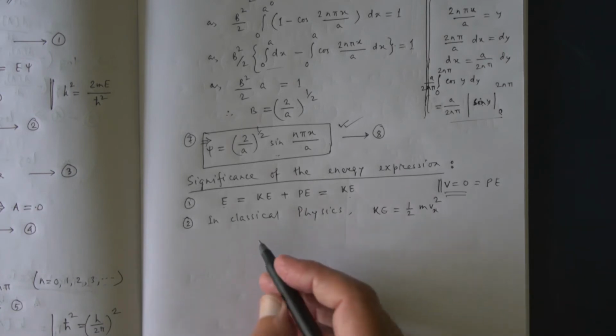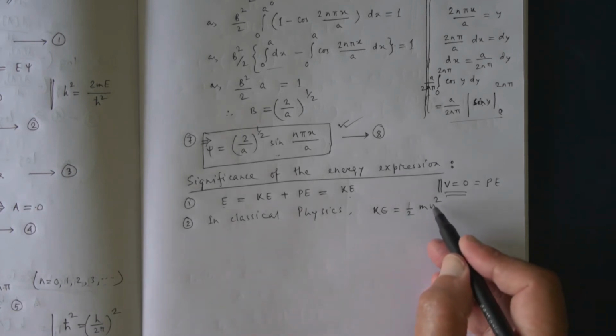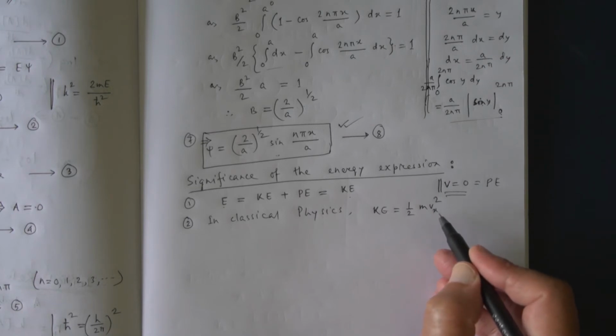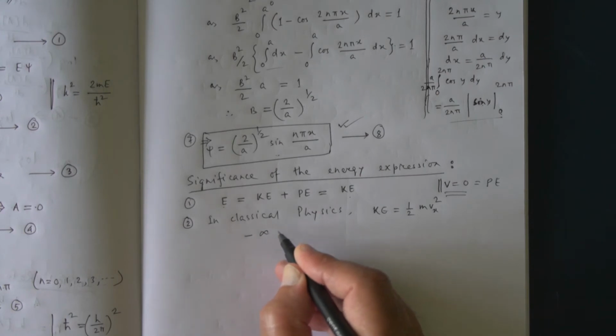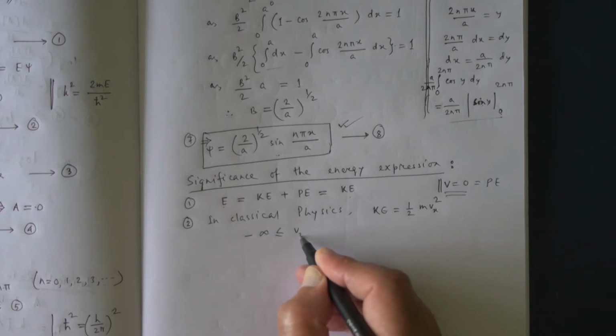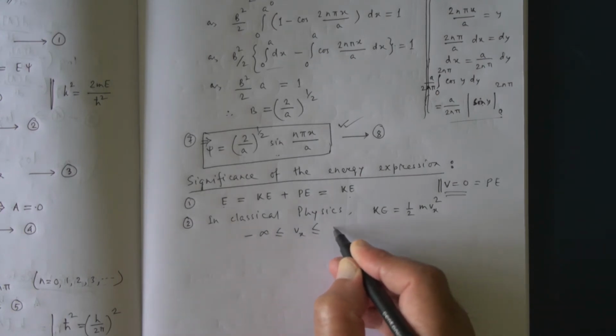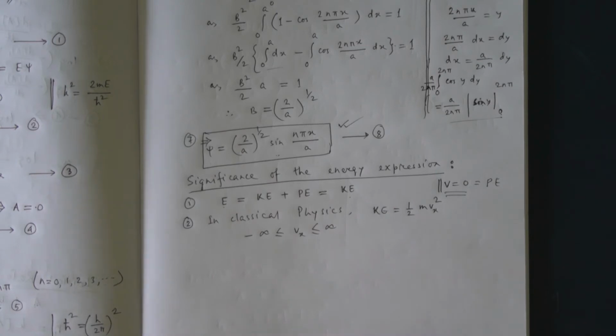Now where Vx is the velocity, and it may have any value from minus infinity to plus infinity, because velocity is a vector quantity, it has direction. Okay, so velocity may have any value.